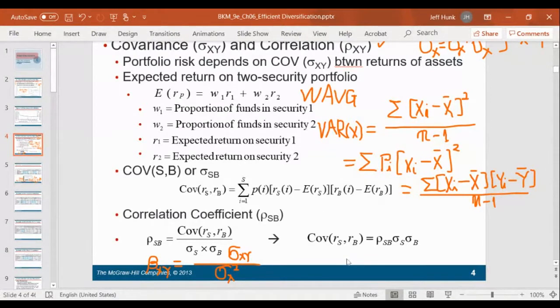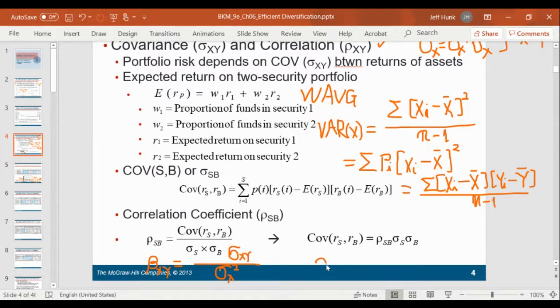Now, anyway, if rho is defined this way, then the covariance can be defined as rho times the standard deviation of x and standard deviation of y.